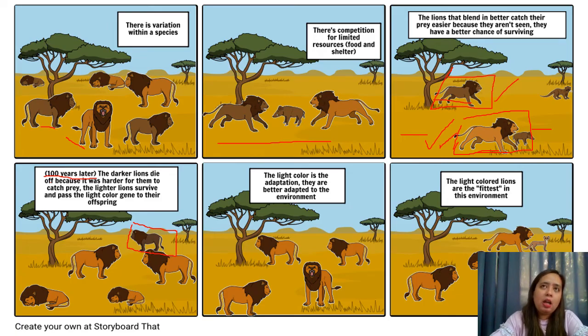Until such time that there is now the adaptation of the golden colored lions. So the light colored lions are now the fittest in the environment. If the environment we're talking about is here, yung golden yung environment.